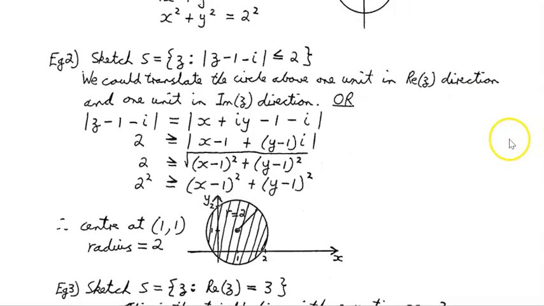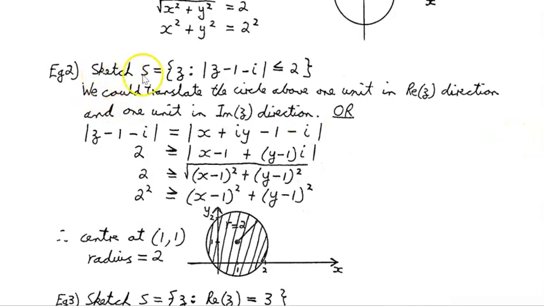Let's say we want to sketch the set S, which is the set of complex numbers z such that mod z minus 1 minus i is equal to or less than 2. We could translate the circle from the previous example in the real direction by 1 unit, and also 1 unit in the imaginary direction, so 1 unit up.